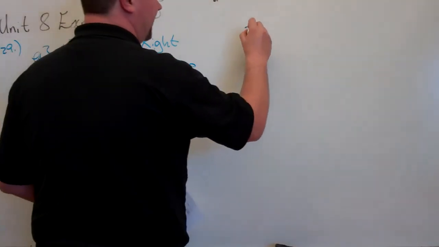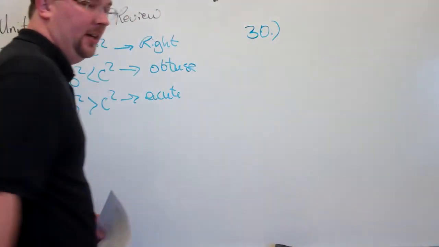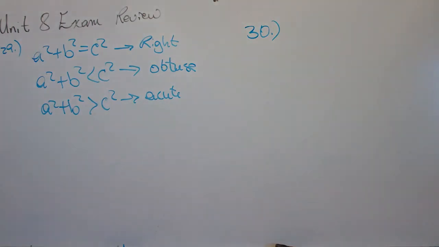Now for 30, it says explain two ways of finding the magnitude of a vector. The way we did it, which is a completely mathematically legitimate way, is using Pythagorean Theorem and making it into a right triangle. What you can also do, because the magnitude of a vector is simply the length of a vector, and what do you use to find the length of a line?